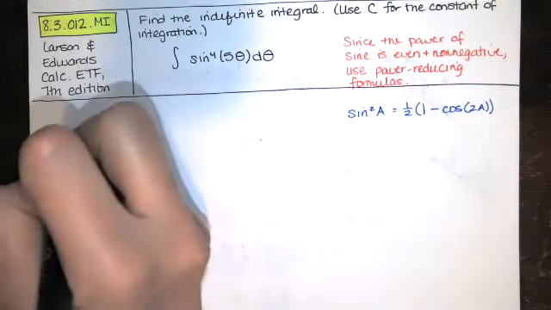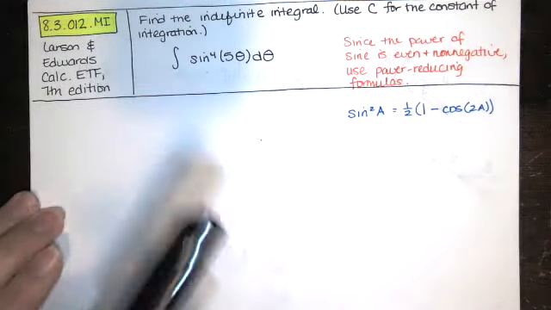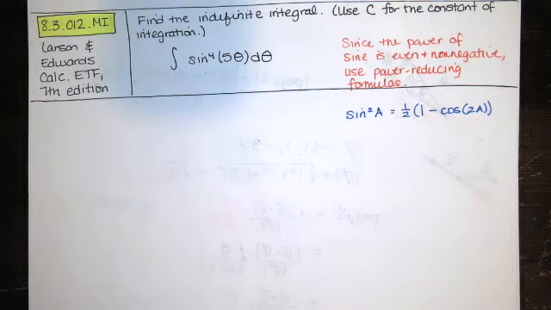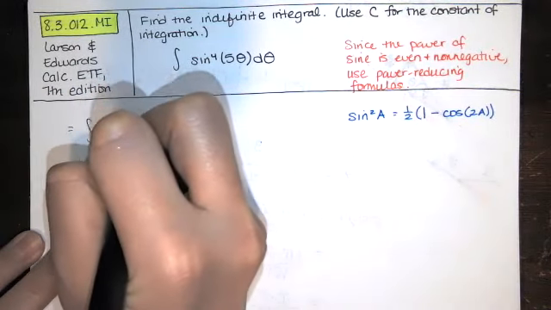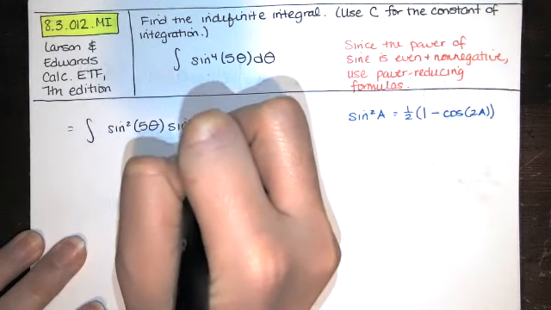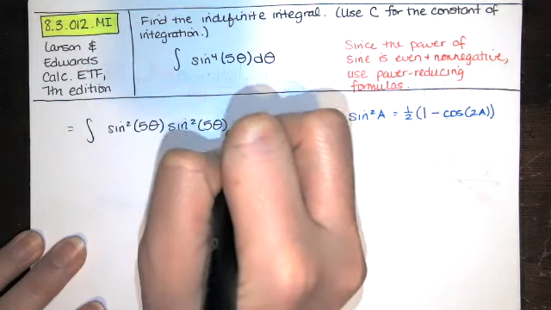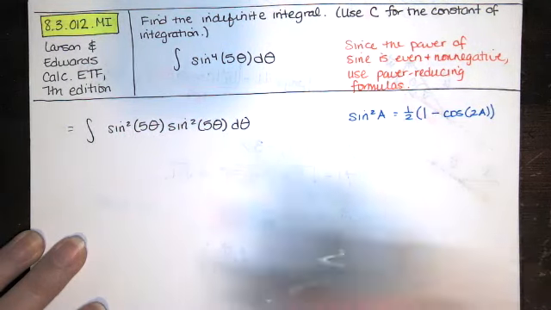Of course, the angles are the same. So I would start by rewriting that as a product of a sine squared and a sine squared function. And then each of these can be rewritten using this power reducing formula.